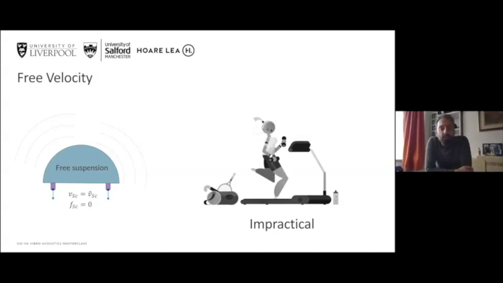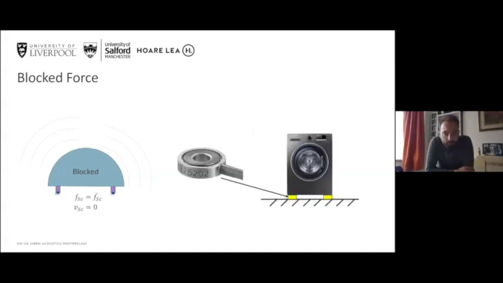An alternative to the free velocity is the block force. We would measure that typically by putting a force transducer under the contact points of the machine to the floor. And in this case, we need to block entirely the motion of the floor by having a very, very heavyweight structure.